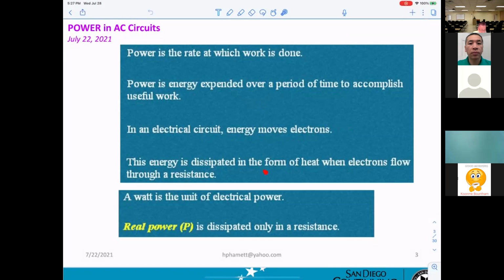This energy is dissipated in the form of heat when electrons flow through the resistance. Electrons that are moving means that the current is flowing. A watt is the unit of electrical power. Okay, real power is dissipated only in a resistance.